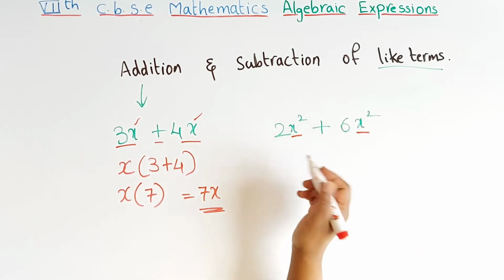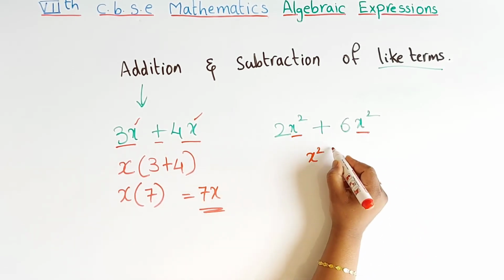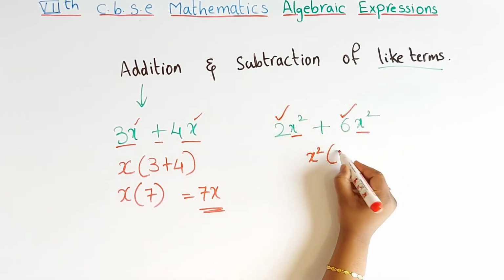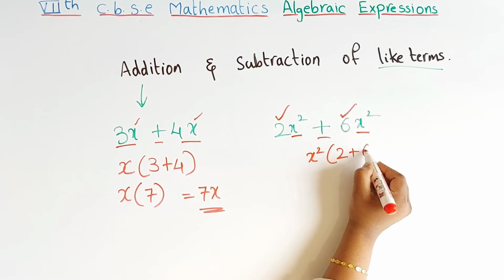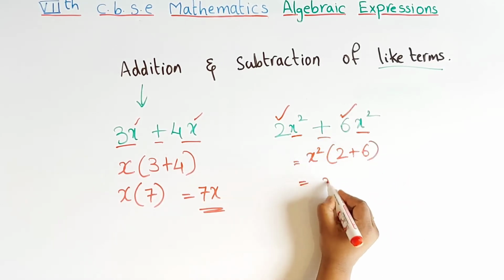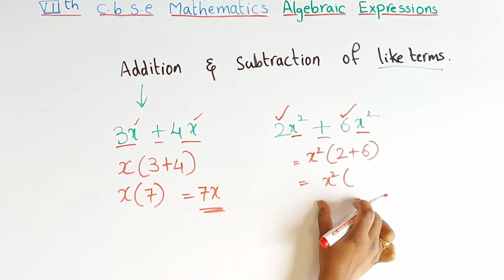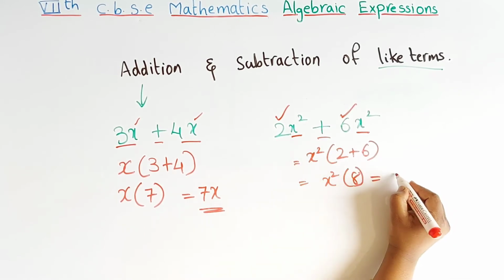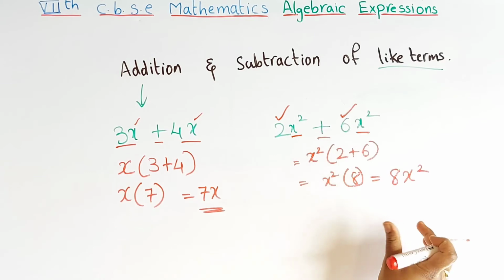So take x square common outside. Write it outside, and the remaining numbers inside are 2 plus 6. Correct, children? So x square stays here, and 2 plus 6 is 8. What is x square into 8? It is 8x square. This is the answer, children.